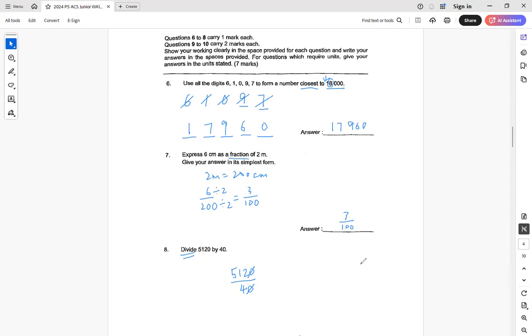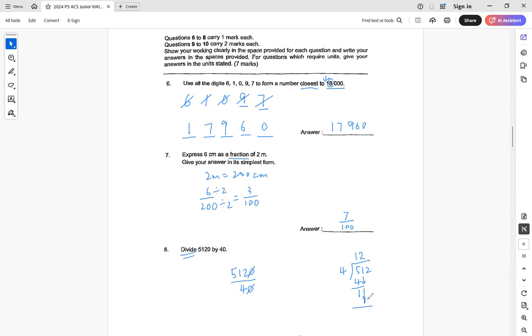So this one we can do the long division together to find out the answer. 512 divided by 4. Take note, this whole paper cannot use a calculator. So 5 divided by 4, we have 1. And then we have 4 here. Subtract, bring down the 1. 11 divided by 4, maximum we have 2, which is 8.